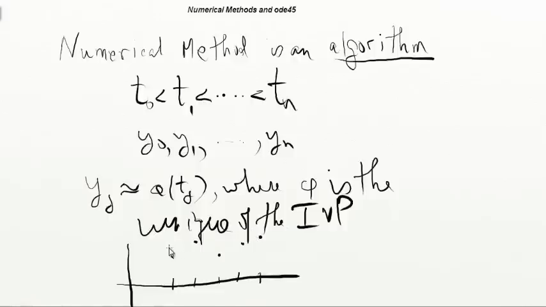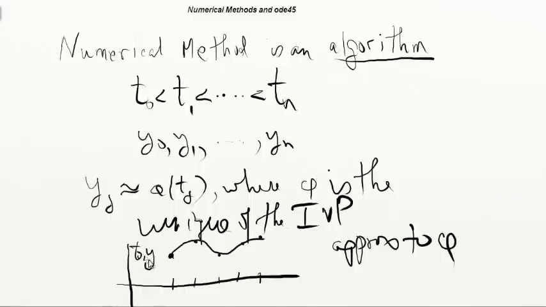So if we join them together somehow, perhaps by straight lines, perhaps by some more sophisticated interpolation method, then that is an approximation to the solution. It may be self-evident, but let me, for the record, point out that this first point here is the point t0, y0, and that's your given initial data. Future data, of course, is generated by the algorithm.